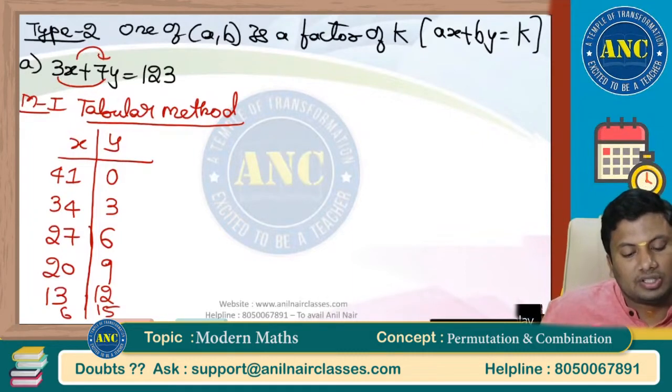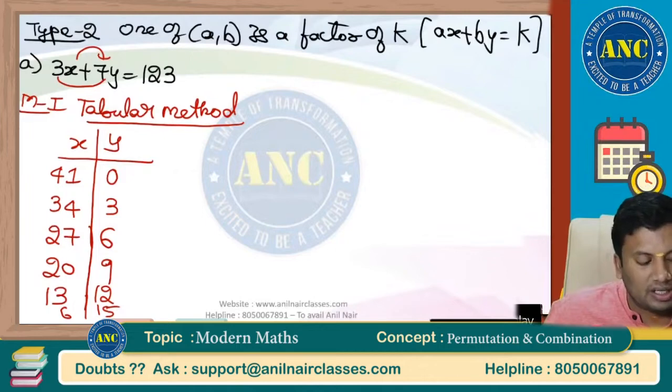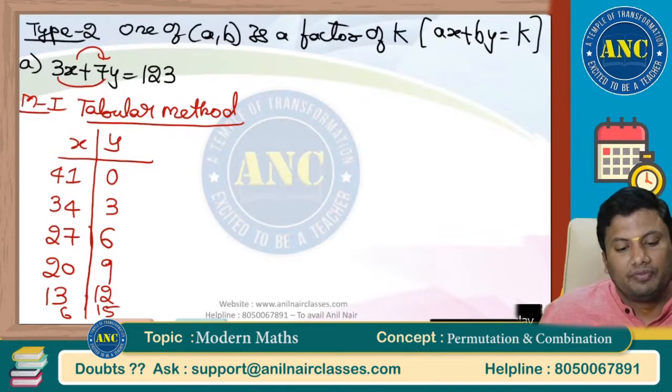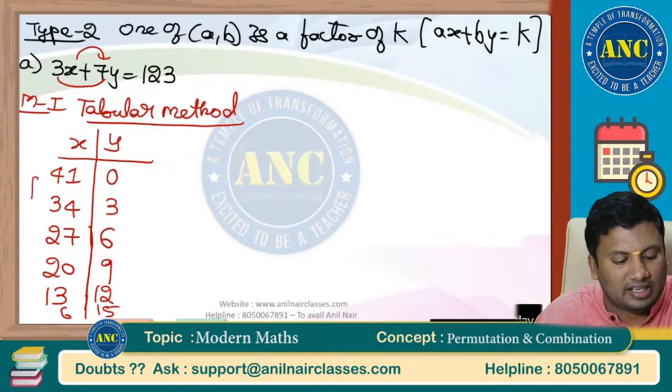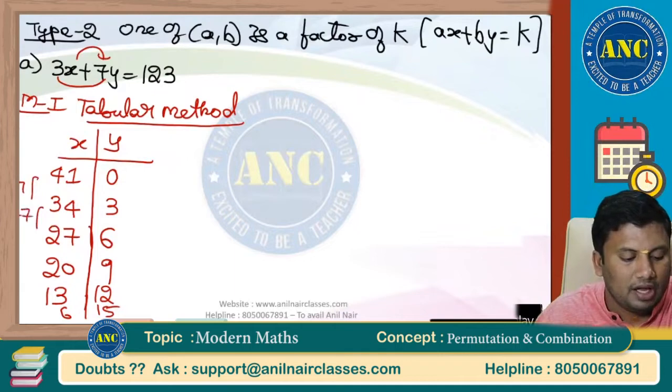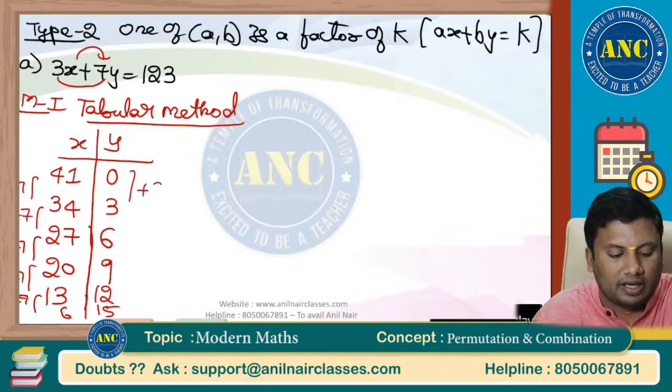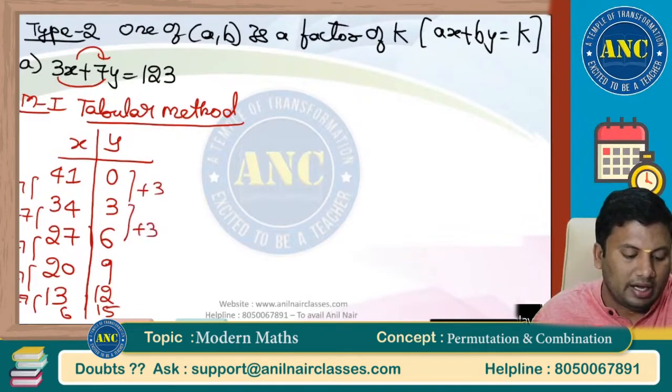Tabular method: start with that coefficient which is not a factor of the right hand side. 3x is 123, x is 41. Every time there is a dip of 7. X decreases by 7, here y increases by 3.